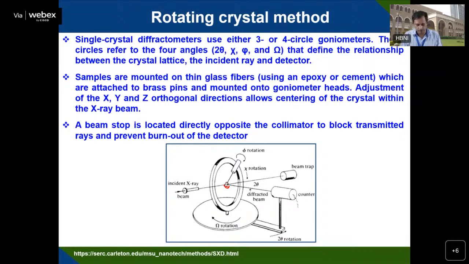Then you allow the X-ray beam to fall on the sample, and you get diffraction when Bragg's law is satisfied. You have a beam stop here. The role of the beam stop is to block the transmitted X-rays, whatever X-rays are directly transmitted. Otherwise, it would burn out the detector. To prevent that, you have a beam stopper.